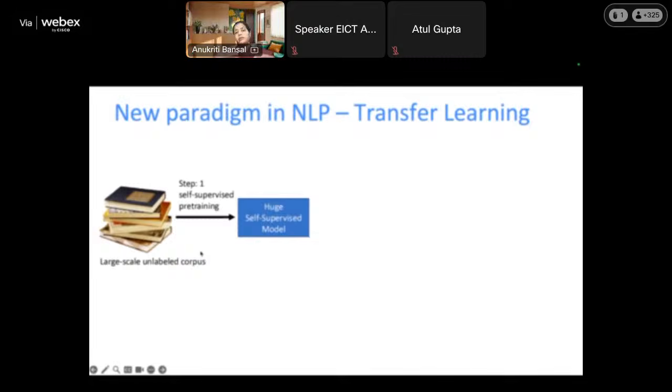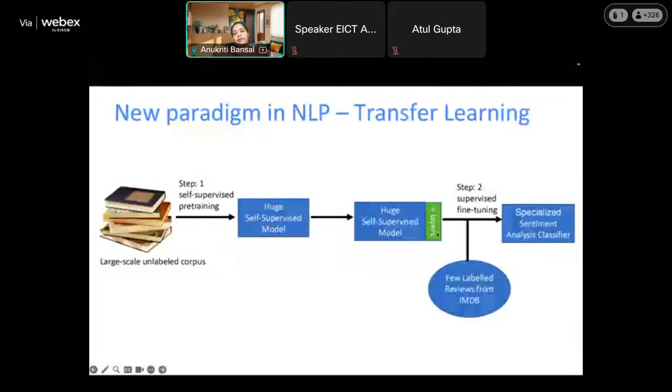Similarly, the modern algorithms or models, we train them on a large corpus of unlabeled data so that they understand the language, and then we can add some different layers to those models, and on a smaller data set we can do downstream tasks like sentiment analysis or other tasks.